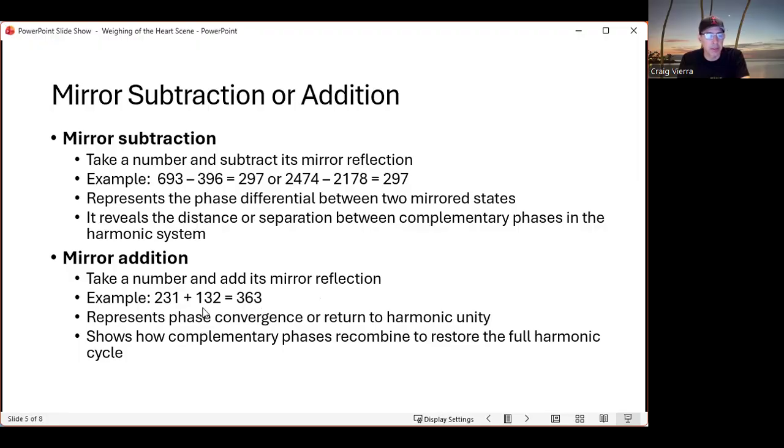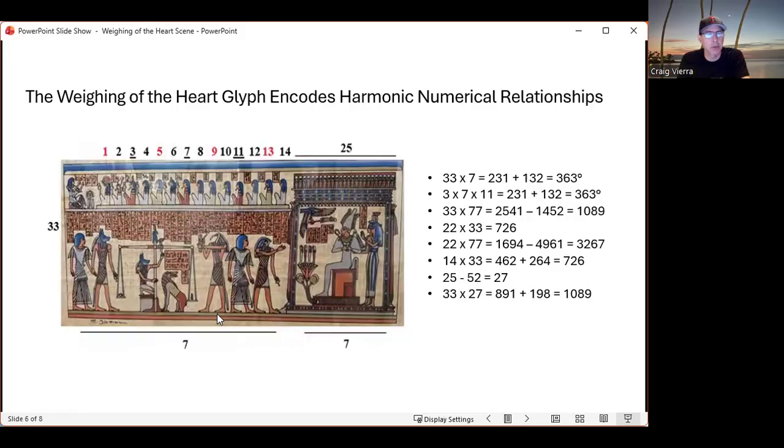This is known as mirror addition. And this really shows you how complementary phases can be recombined to restore the full harmonic cycle. These are two operations, mathematically speaking, that I use quite a bit, but I have a whole video on that, so you can go and take a look at that as we go through.